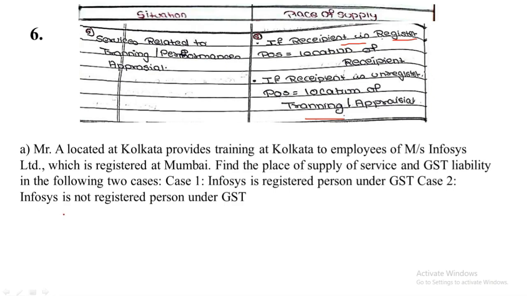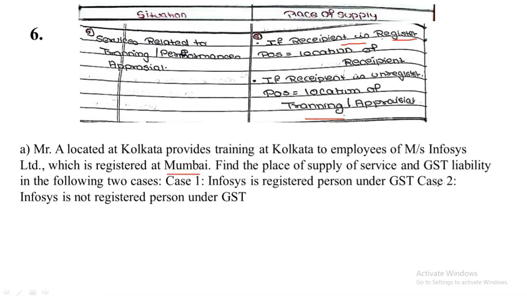As per the rule, if the recipient is registered, the recipient location will become his place of supply. But if the recipient is not registered, then the place where the event took place will be the place of supply. So if Infosys is registered, Mumbai, because that is the recipient location, will be the place of supply.